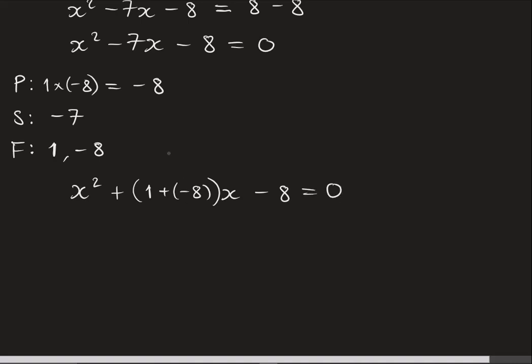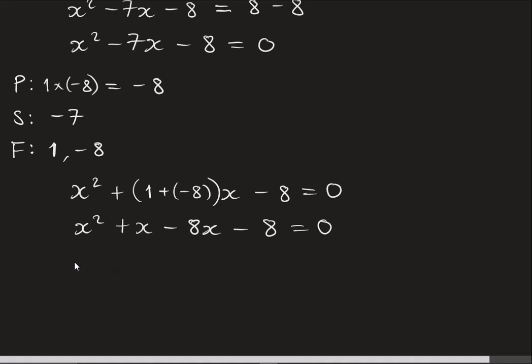So where we had the -7, replace with the sum of these two. This gives us x squared plus x minus 8x minus 8, which is equal to 0.